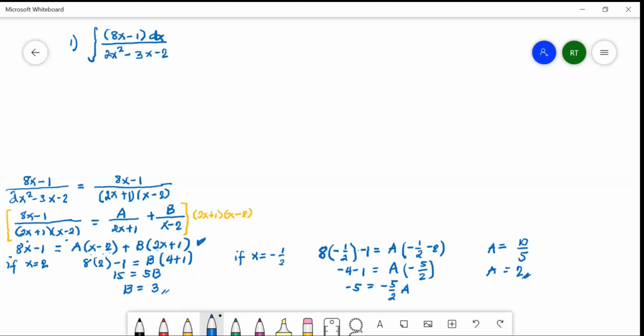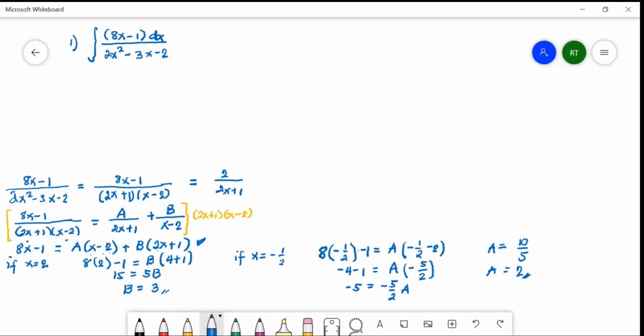Okay, hence, now we can say that 8x minus 1 over 2x plus 1, x minus 2 can be decomposed into a sum of partial fractions a over 2x plus 1, but since a is equal to 2, then we have 2 over 2x plus 1, okay?